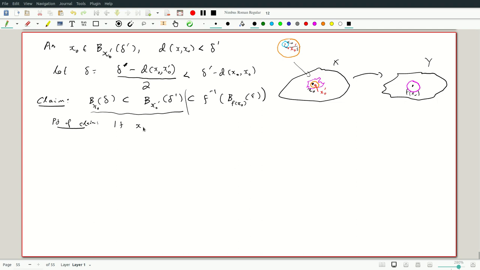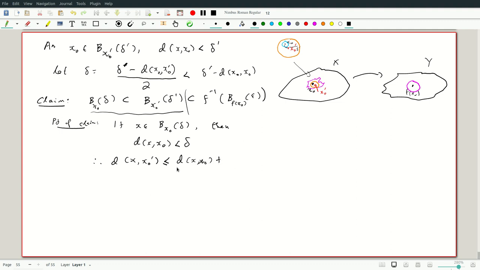If x belongs to the ball around x0 of radius delta, then the distance between x and x0 is less than delta. That's the definition. Therefore, the distance between x and x0 prime, by the triangle inequality, is less than or equal to the distance between x and x0 plus the distance between x0 and x0 prime.